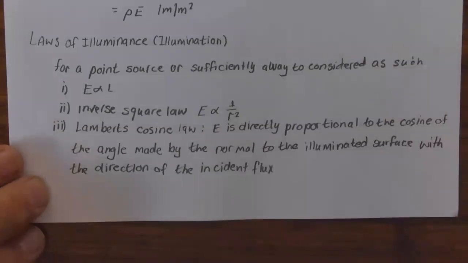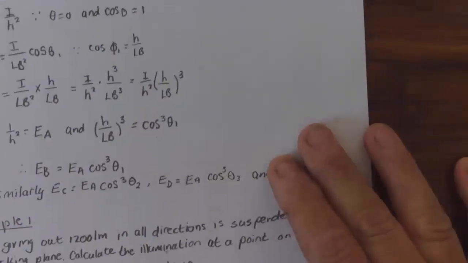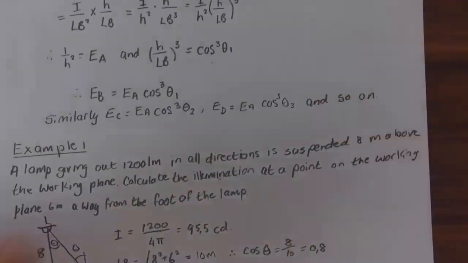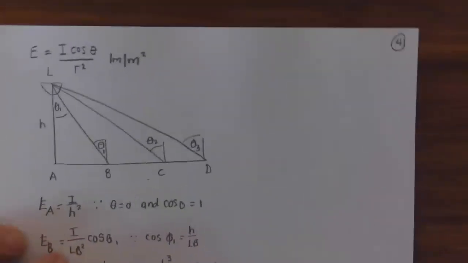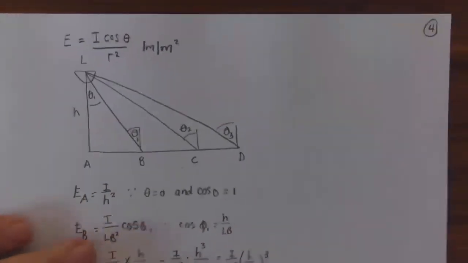And Lambert's cosine law: E is directly proportional to the cosine of the angle made by the normal to the illuminated surface with the direction of the incident flux. Now, E is equal to I cos theta over R squared.